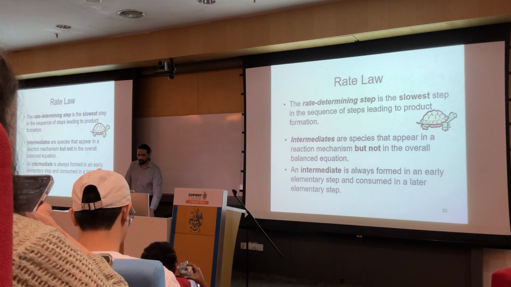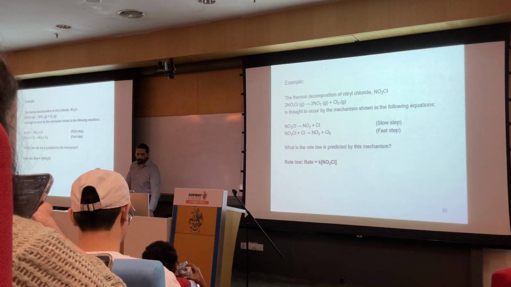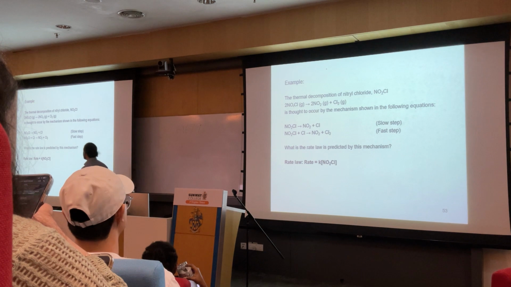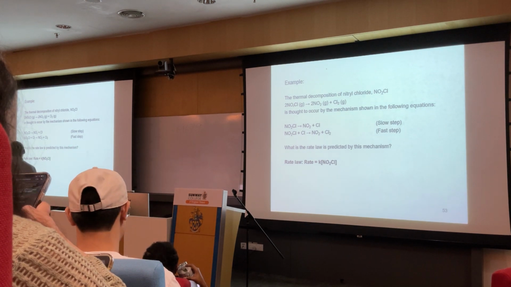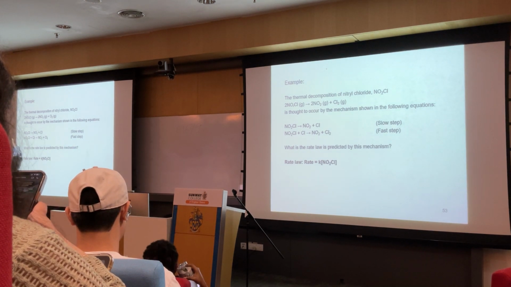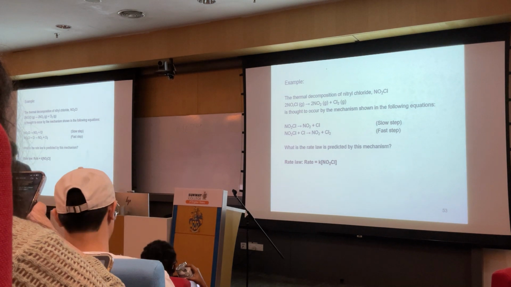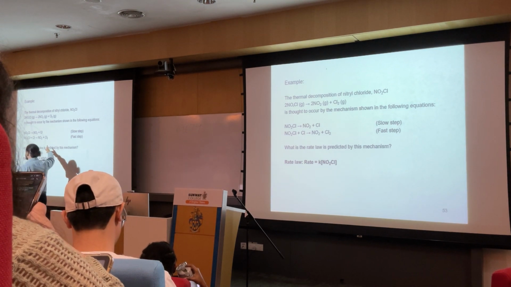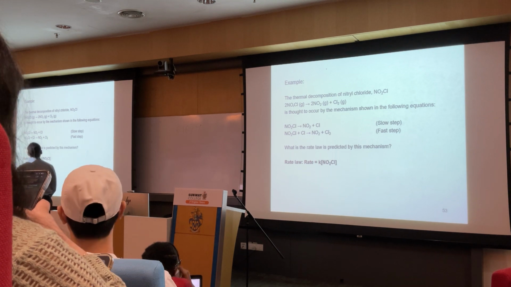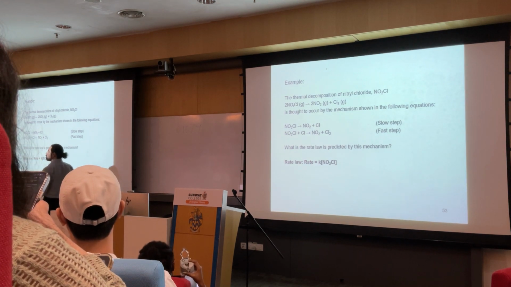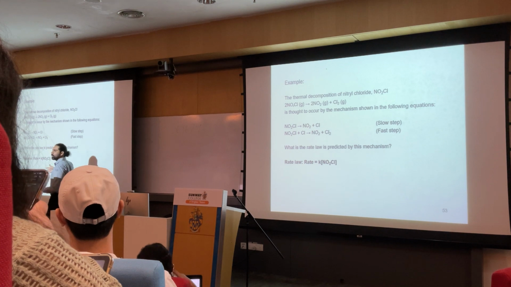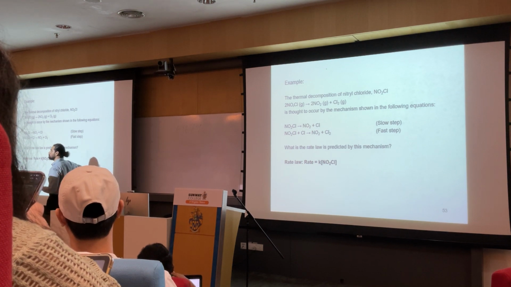Right? I think I've covered this already. Let's take a few examples. So if this is a reaction where NO2Cl is getting converted into NO2 and Cl2, these two are the steps of this reaction. What do you think will be the rate law? So rate law will be written on the basis of the rate determining step, which is the slowest step.